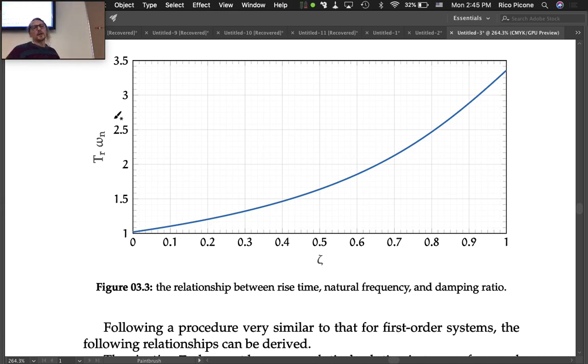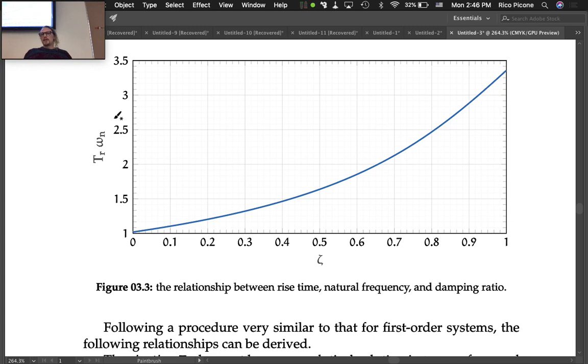Now, there's no closed form, because the relationship is nonlinear, and there's no closed form solution for the rise time in terms of zeta and omega n. That's why we have this plot. You can read off the graph, and there's a similar graph in the textbook. There's a little bit finer of a grid on this plot, so I think you can find values a little bit easier on this plot.